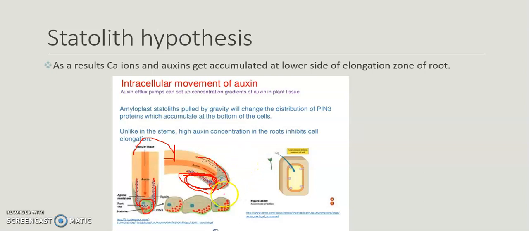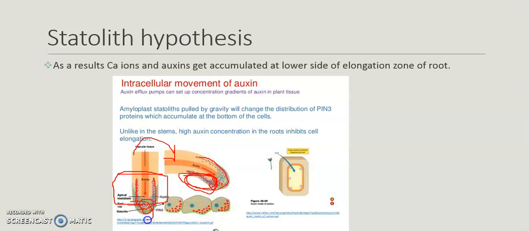You should know that when there is a high concentration of auxin in root cells, it inhibits cell elongation. You know this is the cell elongation area.